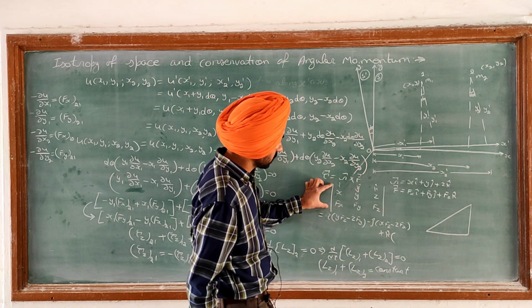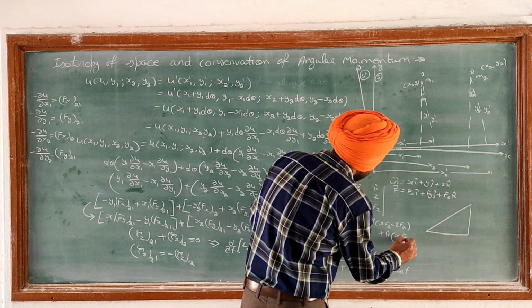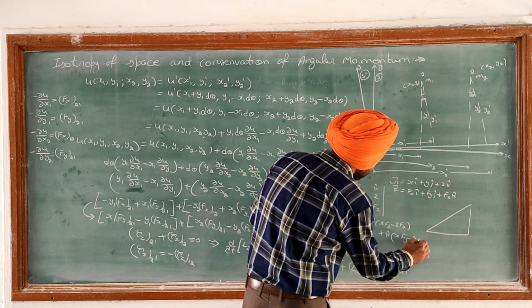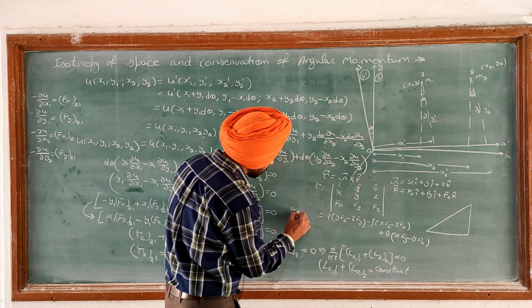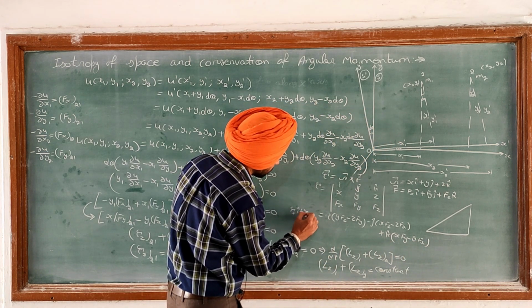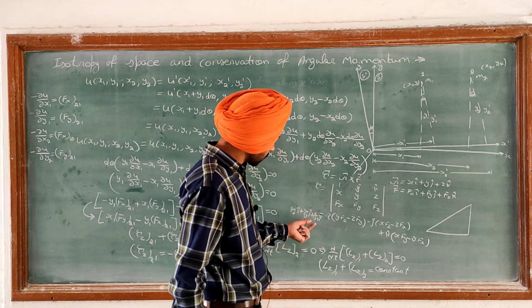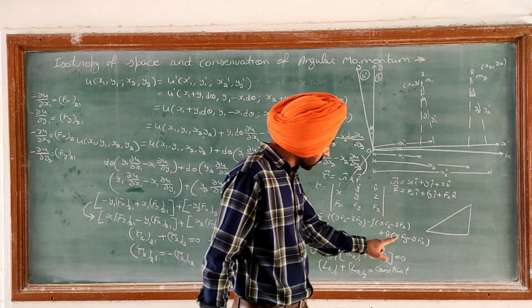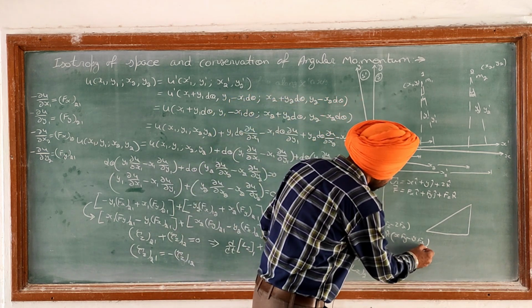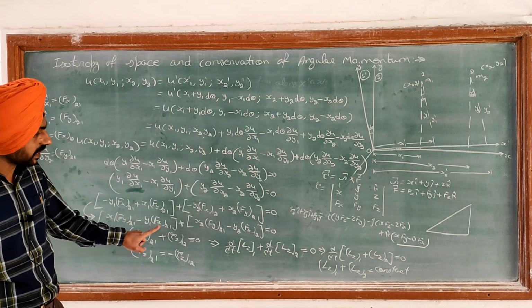I am solving this determinant term. K cap, this is x fy minus y fx. So this tau is tau x i cap plus tau y j cap plus tau z k cap. Now if I compare the components of i cap, j cap and k cap, then tau z is equal to x fy minus y fx.